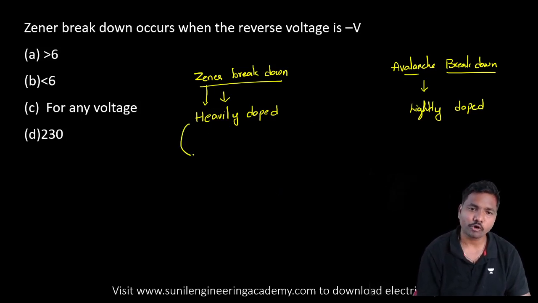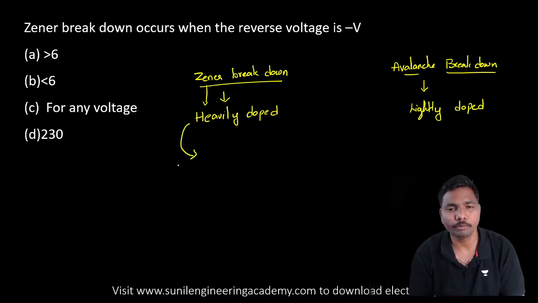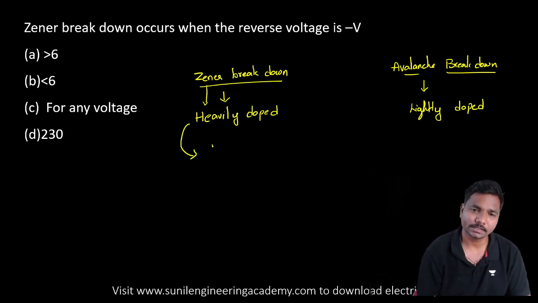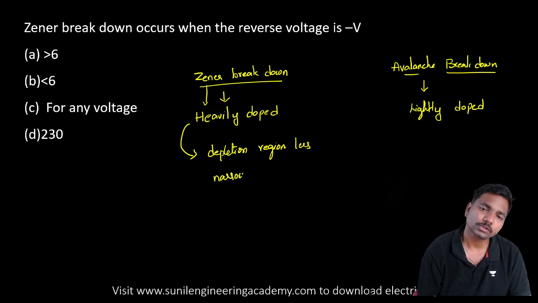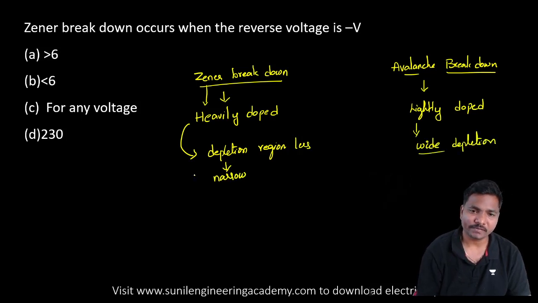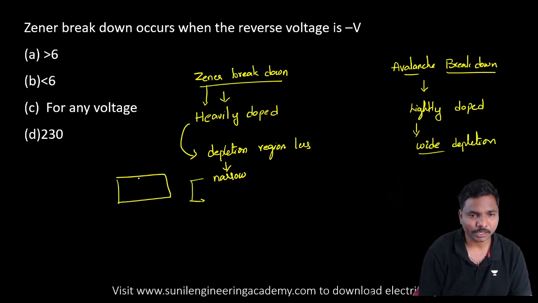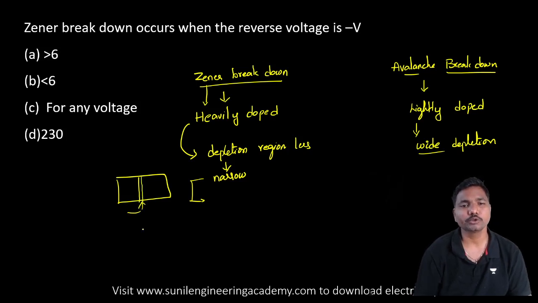Whenever the doping is more, what about the depletion region? Less, na. Depletion region less, that is, you can say narrow. Here lightly doped means wide depletion region. So whenever the depletion region is narrow, what about the requirement of voltage to break that?